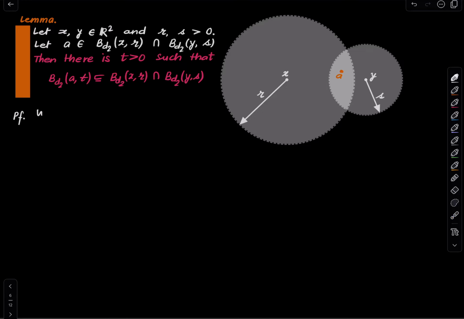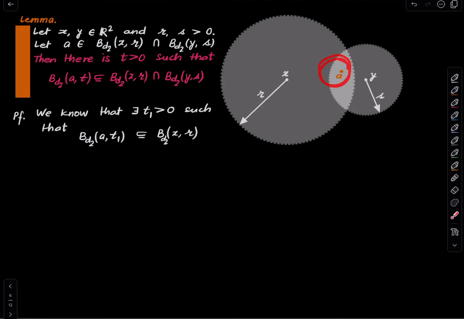So we know by the previous proposition that there exists T1 such that the ball of radius T1 around A is contained in the ball of radius R around X. There is some T1 which does that, and there exists a positive T2 such that this containment holds.